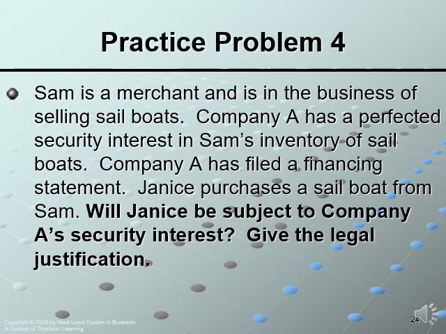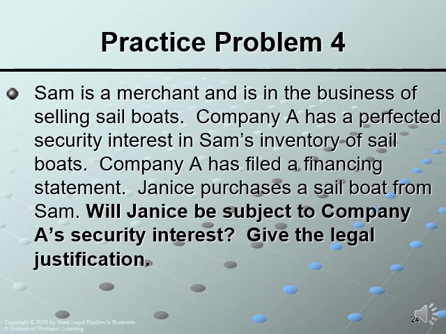Problem 4. Sam is a merchant and is in the business of selling sailboats. Company A has a perfected secured interest in Sam's inventory of sailboats. Company A has filed a financing statement. Janice purchased a sailboat from Sam. Will Janice be subject to Company A's security interest? Give the legal justification.